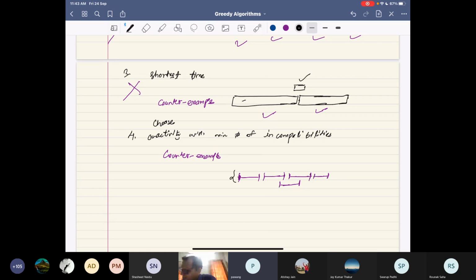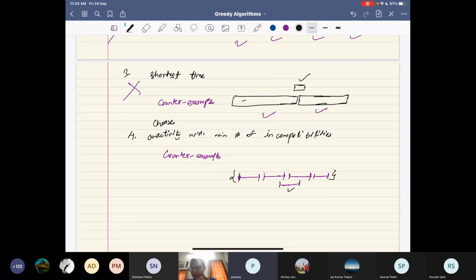I have to select these 4 activities, and I want to make sure that my greedy choice picks up this. That means it will be non-optimal. Once I select it, I'll get a non-optimal solution. Okay. So what extra activities do I need to add to ensure this?